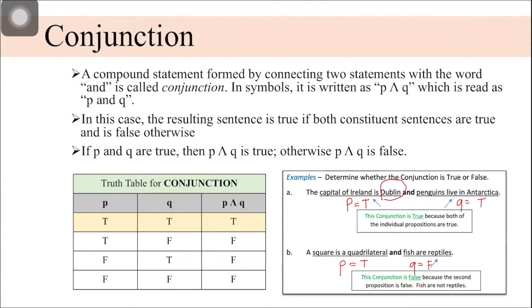So if we connect them by the word and, the resulting sentence is false. This is true and this is false, and if we connect them with the word and, it makes the whole sentence false. So your P statement is true and Q statement is false, so the resulting sentence is false. That is the example for letter B.